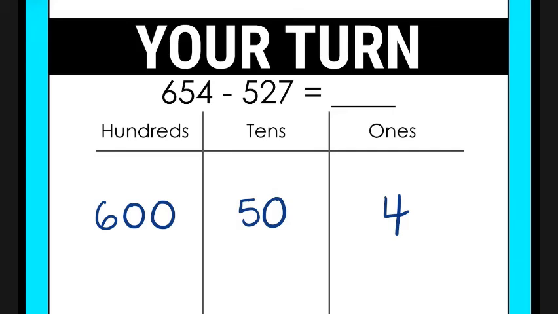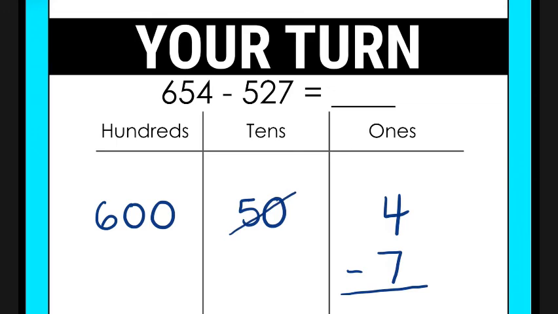Now let's take away our subtrahend. My subtrahend is 527. So how many ones do I need to take away? I need to take away 7 ones. Can I do 4 minus 7? Nope, more on the floor, go next door.